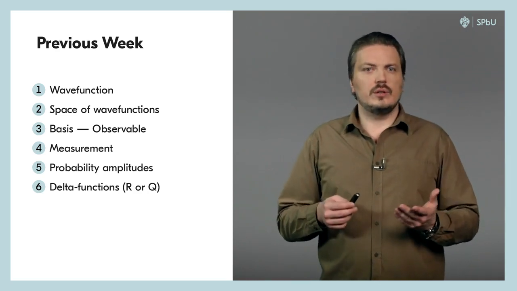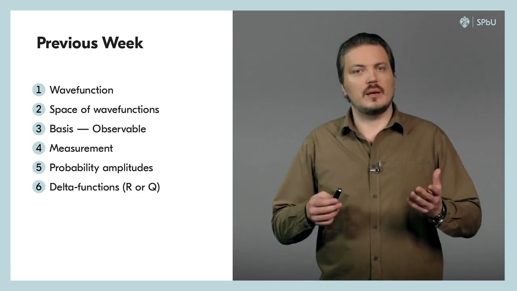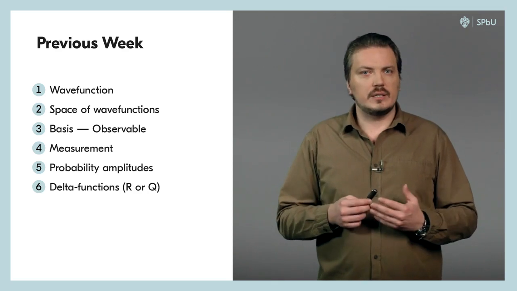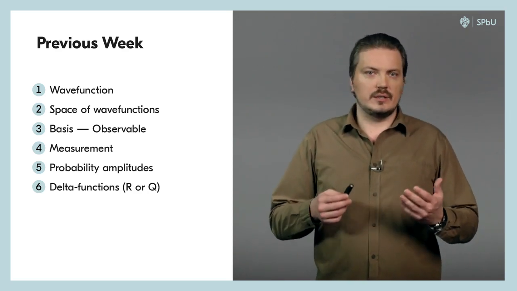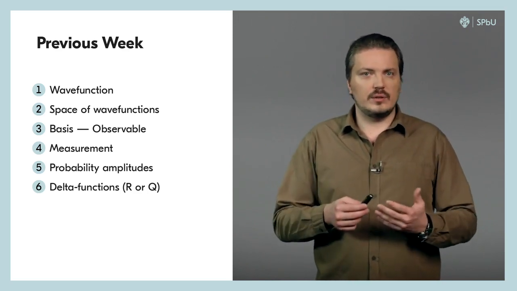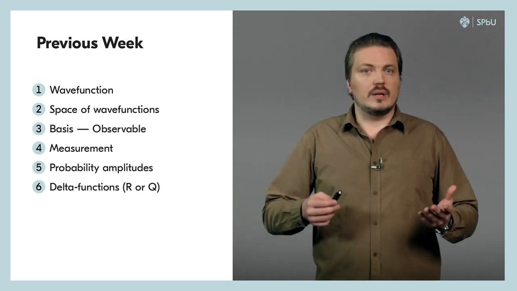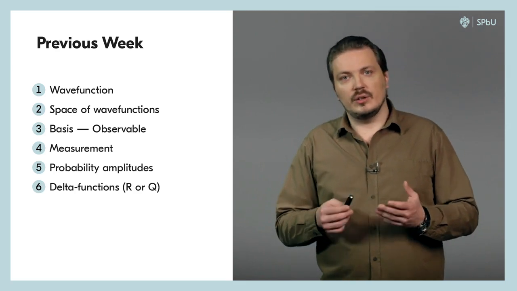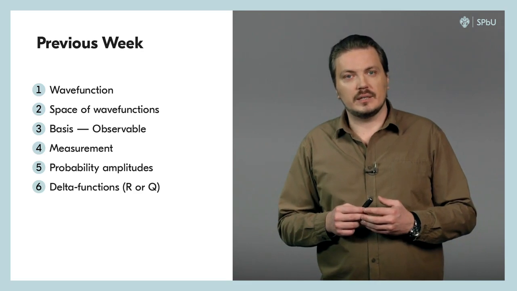Physicists usually denote this observable with the capital letter R, or sometimes Q. The letter comes from Lagrangian mechanics, where small letters q denote the generalized coordinates of a system, while small p's denote the generalized momentum. And as you can guess, there is the capital letter P, which denotes the observable for the momentum of a particle in quantum mechanics.